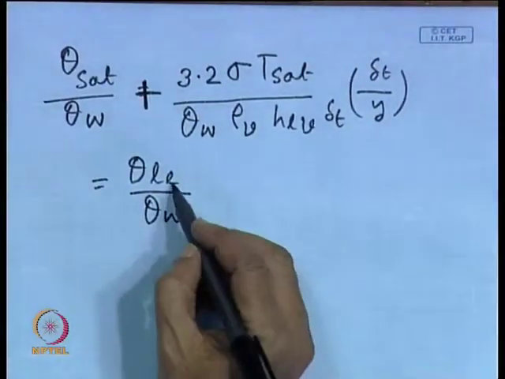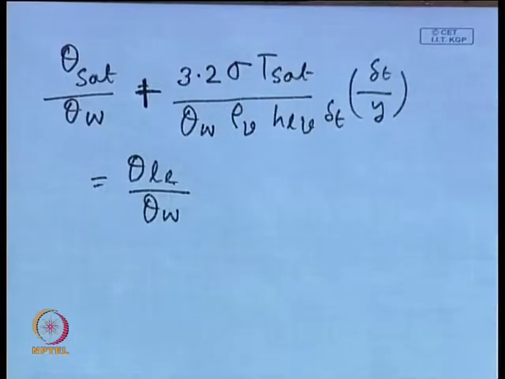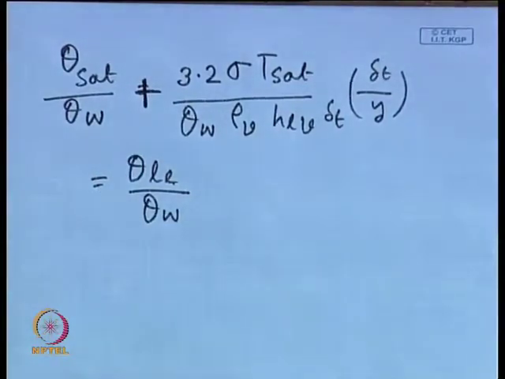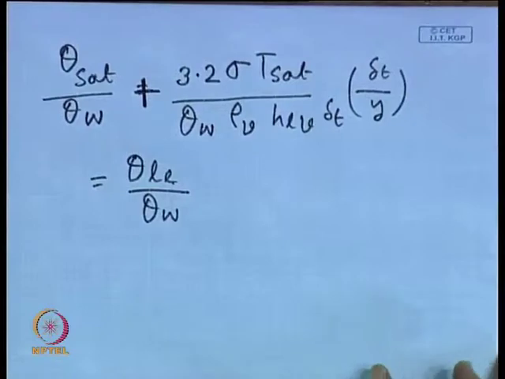Now, here theta L E is the liquid temperature at the edge of the boundary layer, and theta w is the temperature at the wall.